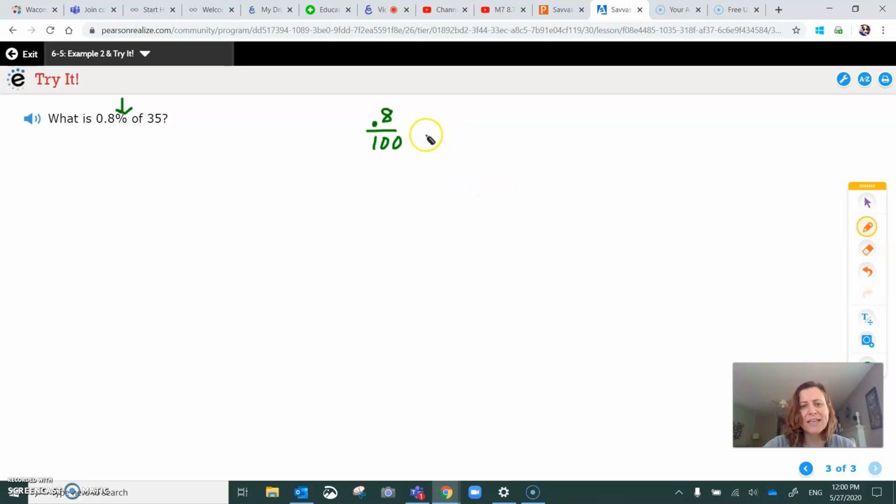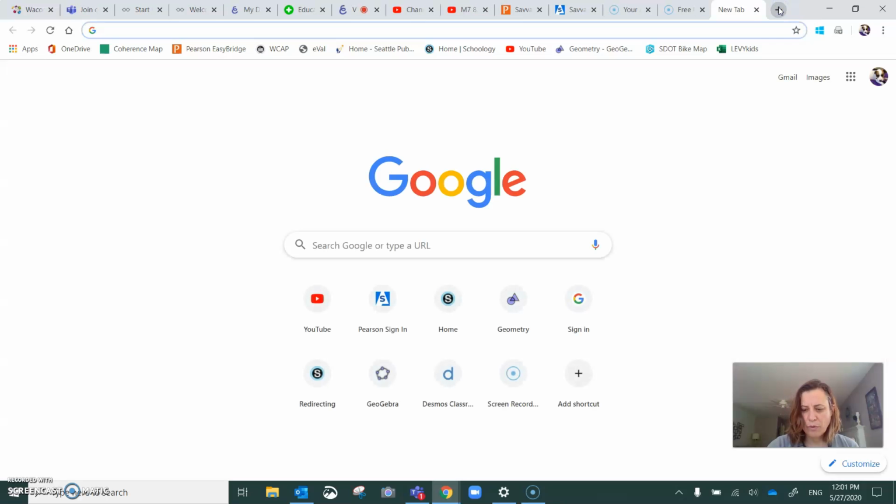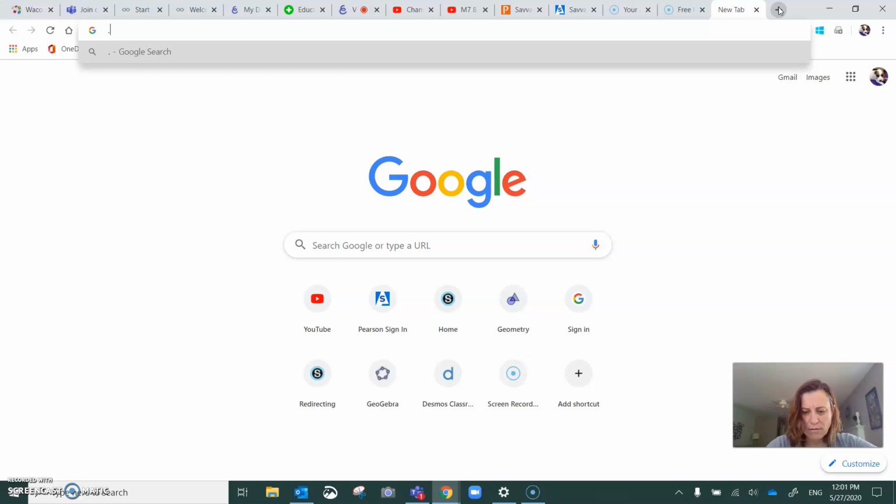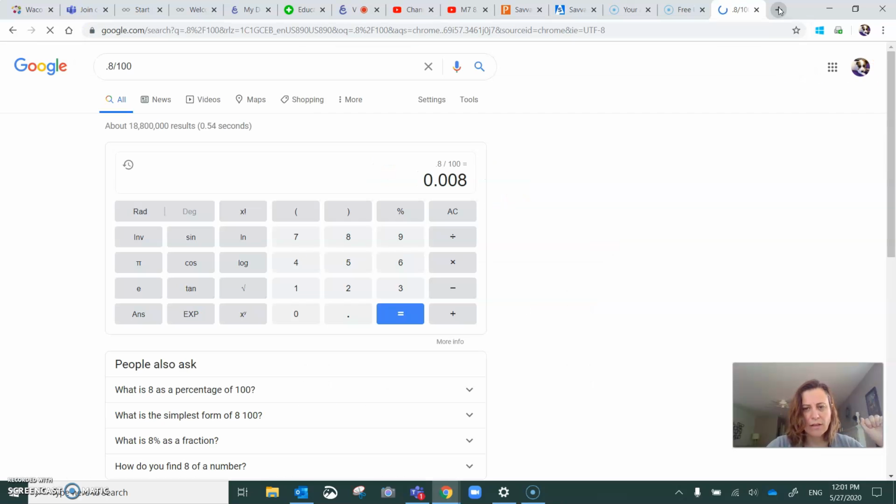So when you turn this into a decimal, if you were to use your calculator and do 0.8 divided by 100, notice your answer is 0.008.